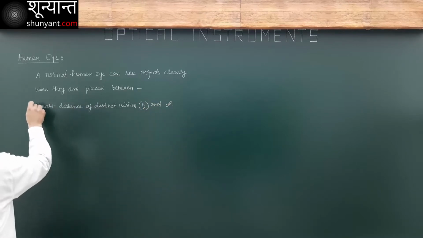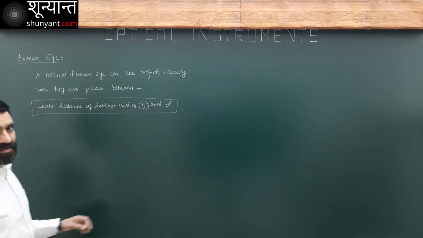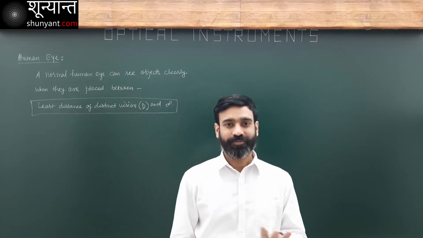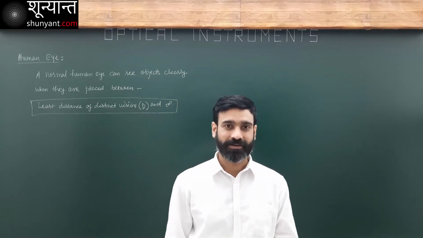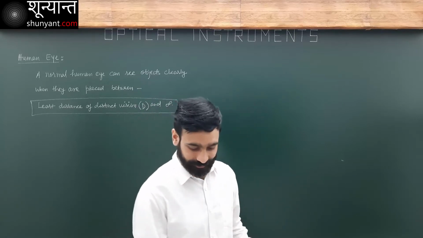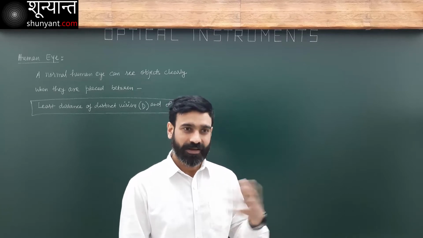Now what is this least distance of clear vision? If you have a normal eye, without any defect, and you are not using spectacles, then you can see objects kept anywhere.